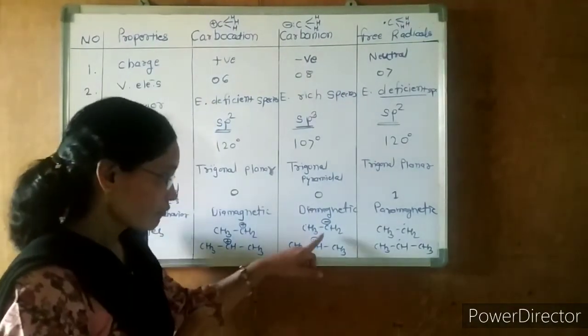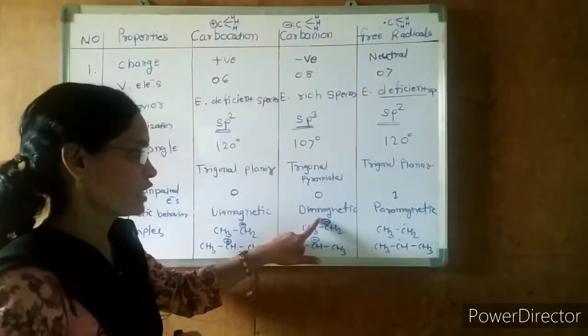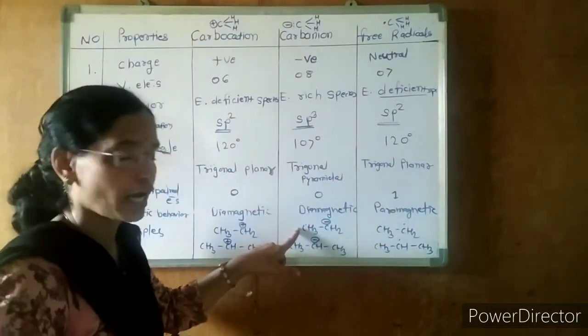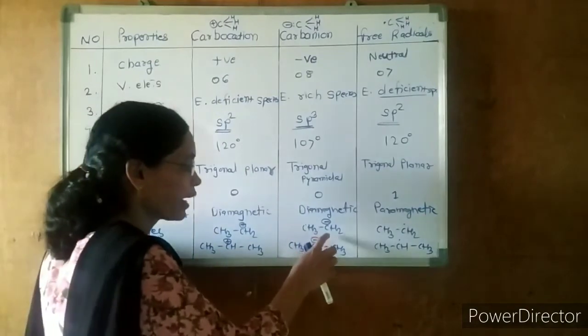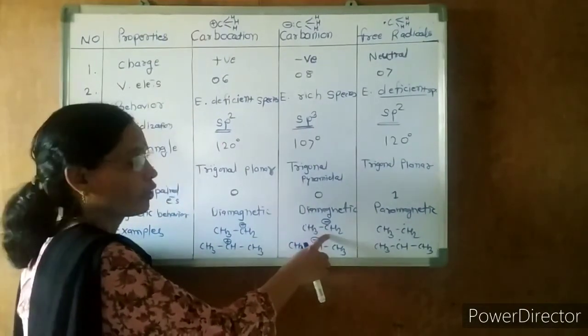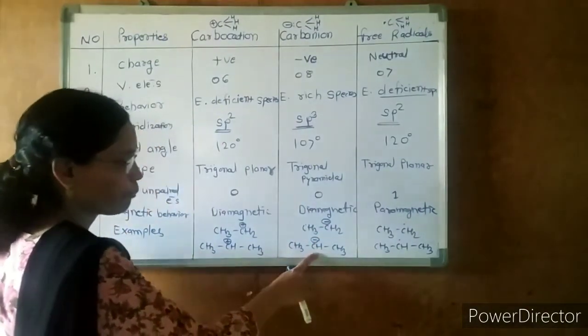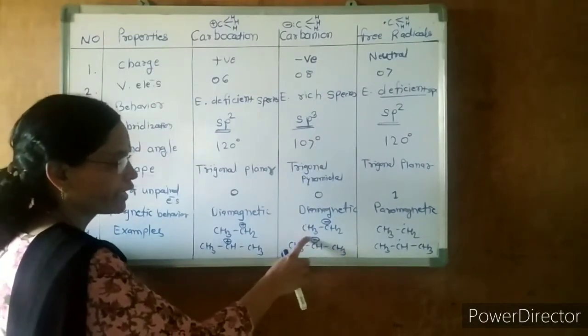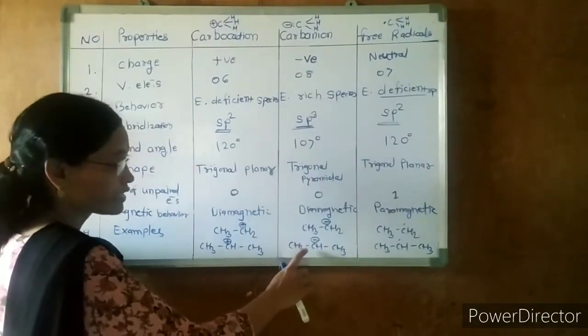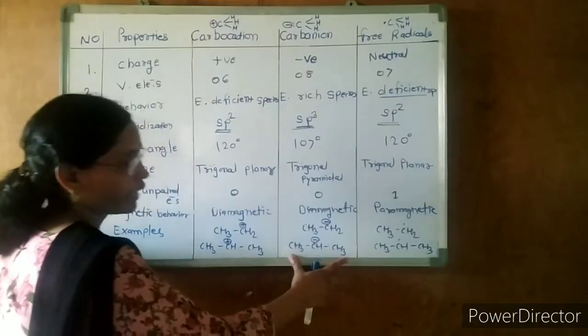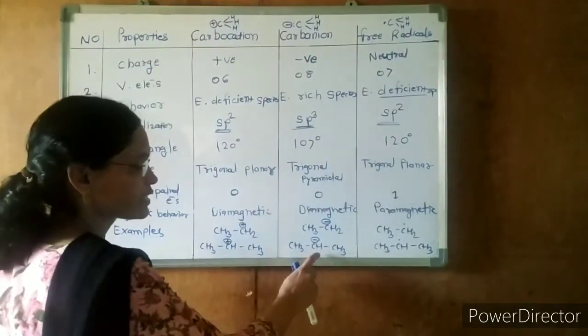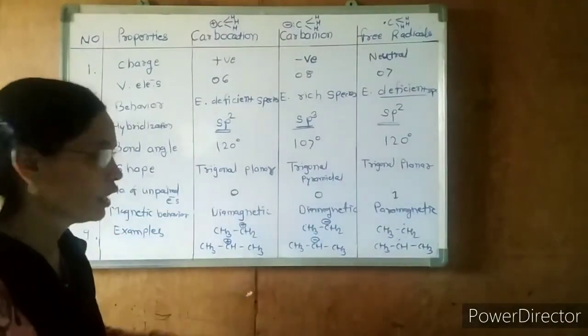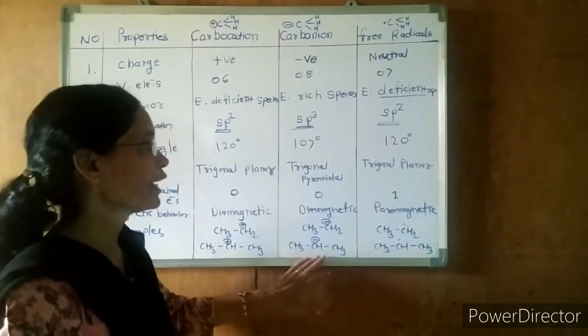Here the carbon bearing the negative charge is linked with only one carbon atom, that's why it is a primary carbanion. And in this example, the carbon bearing the negative charge is linked with two other carbon atoms, so it is called a secondary carbanion.